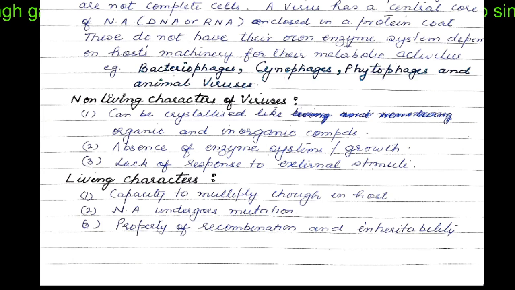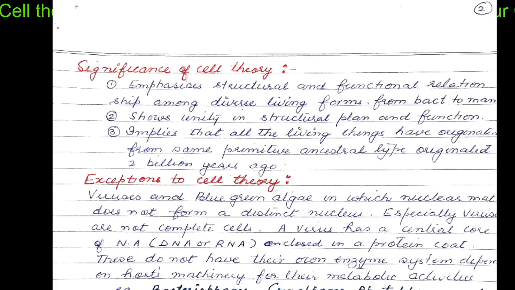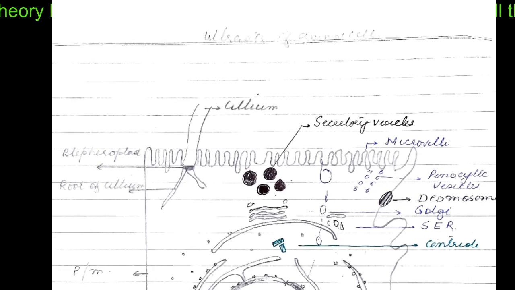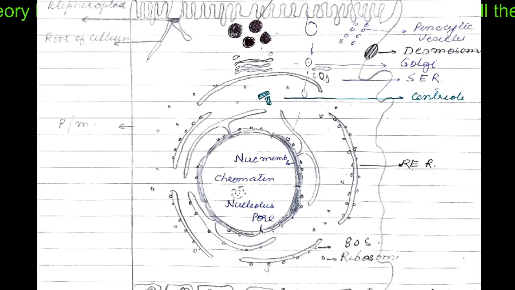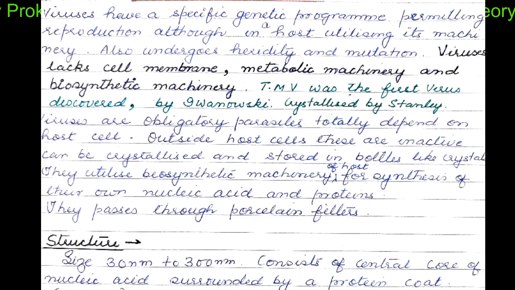Their genetic material has the capacity to recombine, and that recombination is heritable. That shows that the viruses are living also. Now you can see this is the living cell. We'll come to it afterwards.